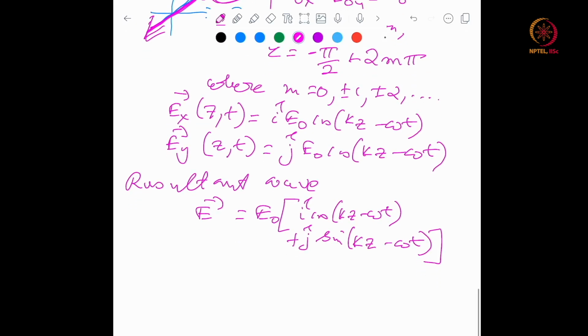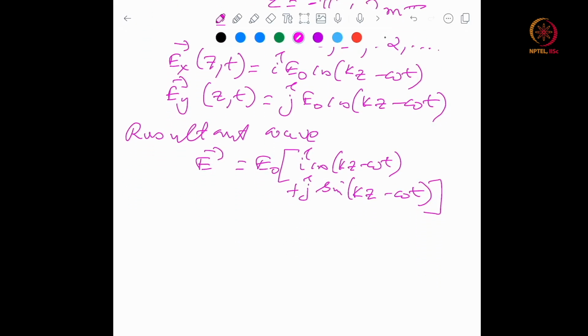This is what you are going to get, the two resultants. So the resultant wave is given by this. This is what we call right circular light.